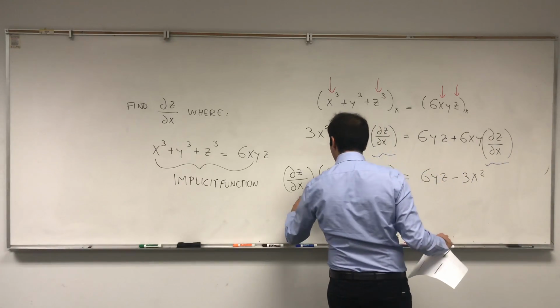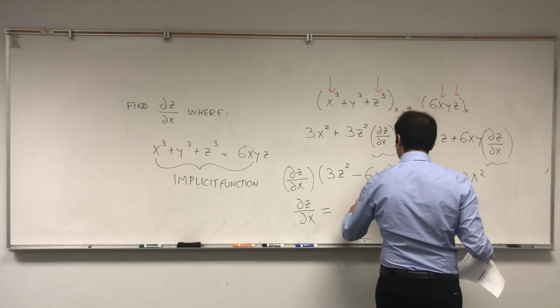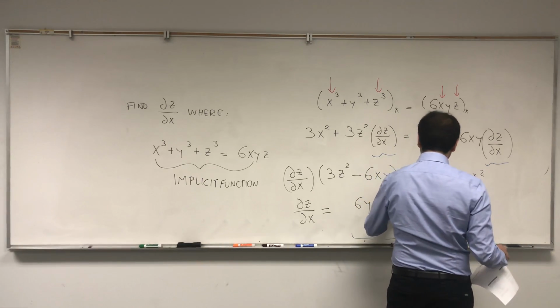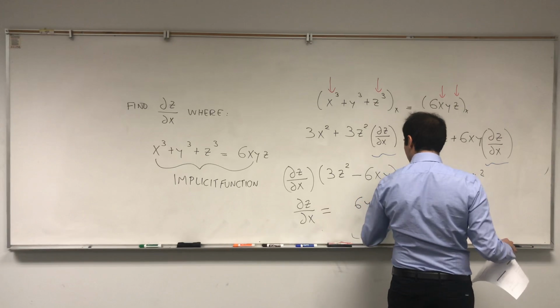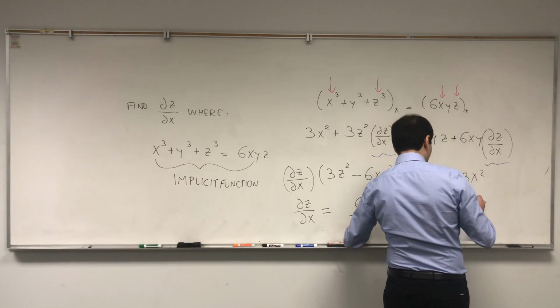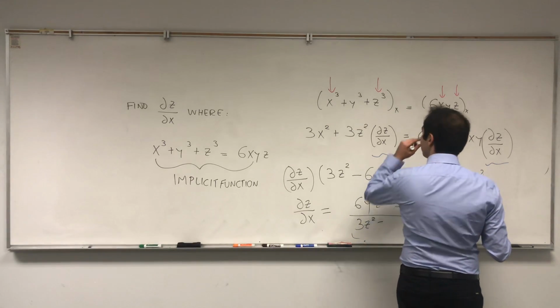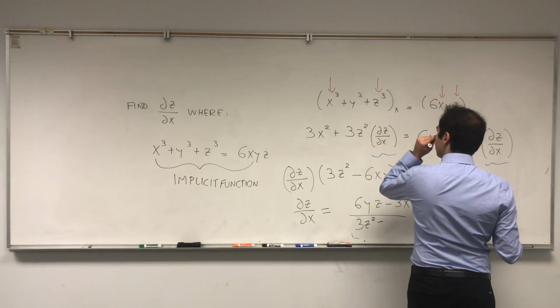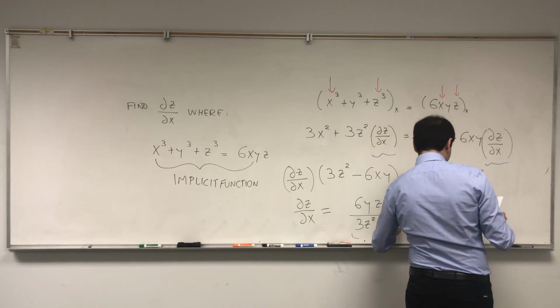And you can just solve for this partial z over partial x, that is 6yz minus 3x squared, over 3z squared minus 6xy. Yeah, 6xy.